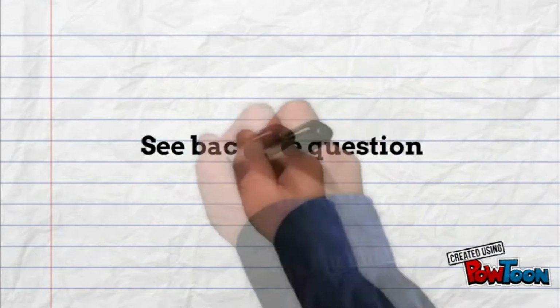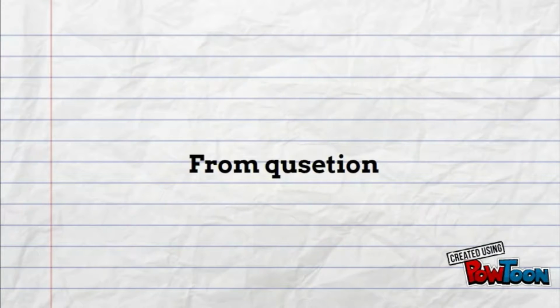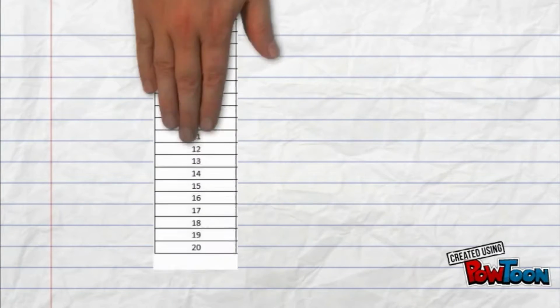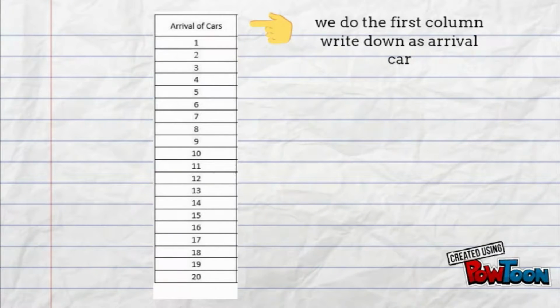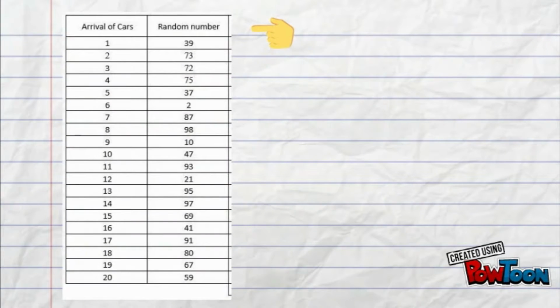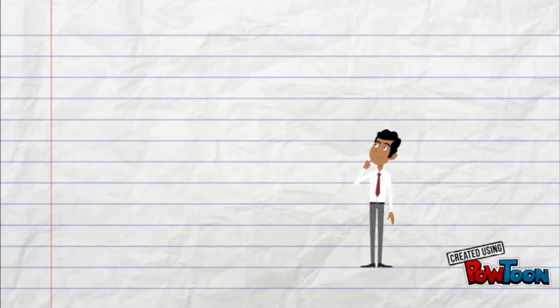See back the question, compute the average time between cars. From the question we see 20 hours of car. So we do the first column right down as average. Then find the random number from the table.